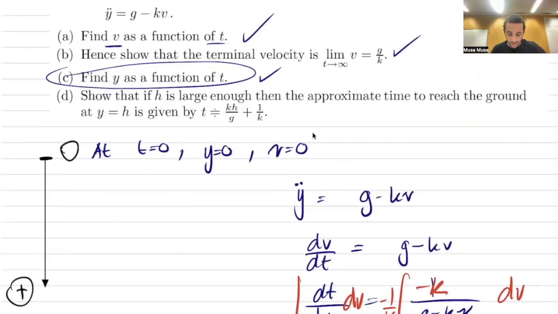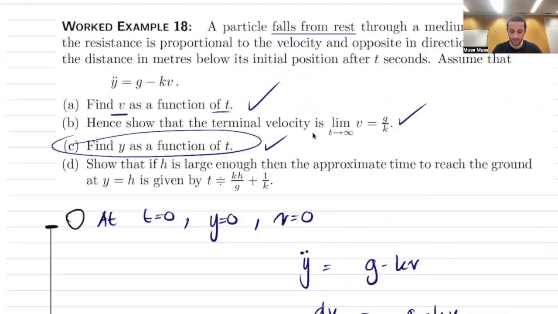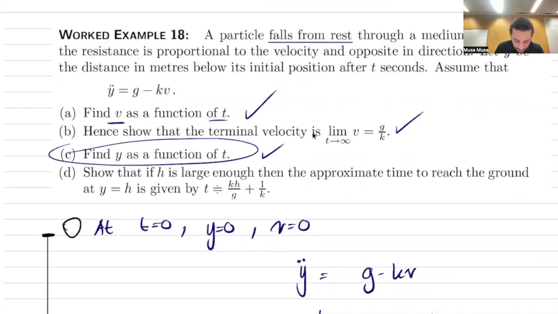Show that if h is large enough, then the approximate time to reach the ground at y equals h is given by this. Okay, so I think we got to take the limit as h goes to infinity. So let's just copy this down so that we can see what the question's even asking.